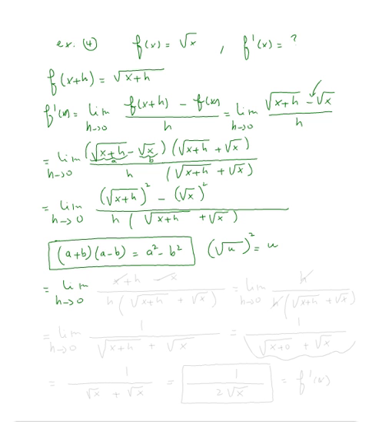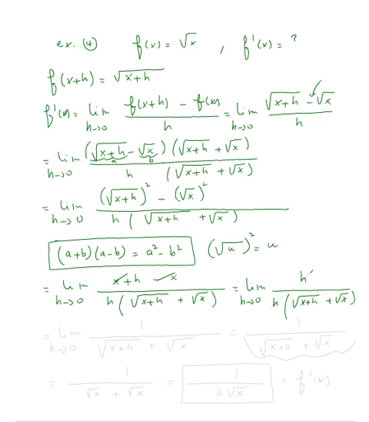So same thing: square root of x plus h, everything squared, is just the inside, which is x plus h, minus square root of x squared is the inside, which is x, and you want everything to be over h times square root of x plus h plus square root of x. Now we're going to eliminate: x minus x is 0, which means this is equal to the limit of h over h times square root of x plus h plus square root of x as h approaches 0.